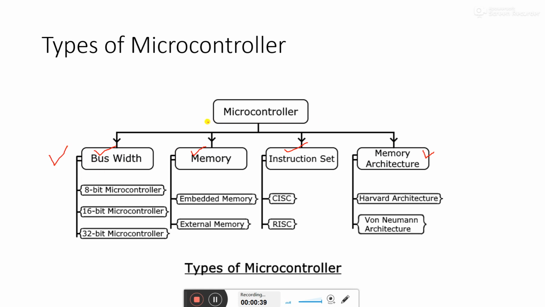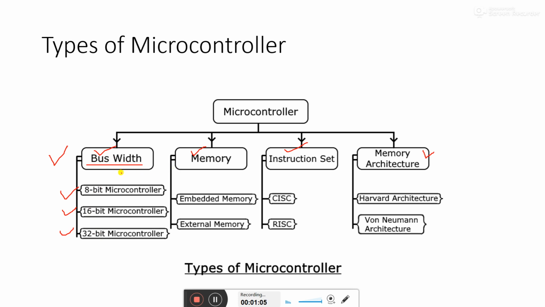Whenever we say how good a microcontroller is, it is either an 8-bit microcontroller, 16-bit microcontroller or 32-bit microcontroller. So basically we have three types of microcontrollers when we talk about bus width.